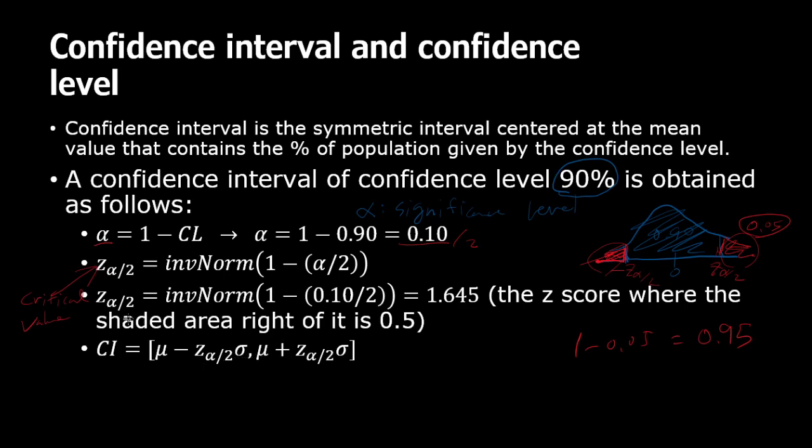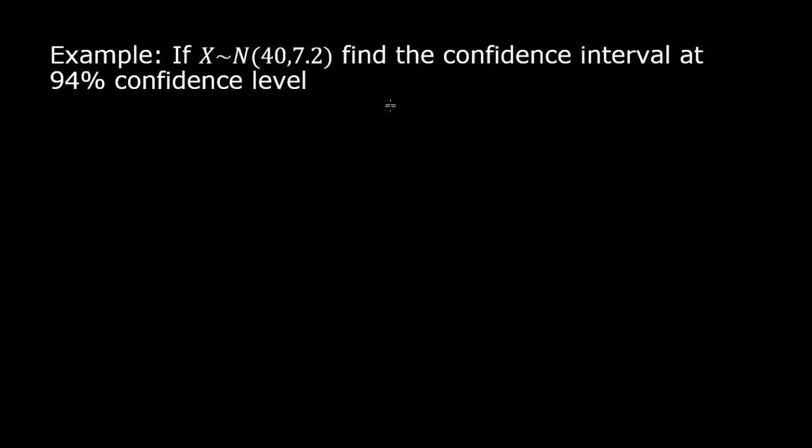Okay, I guess if we do just one more following these steps, you will probably understand better what to do. Okay, so here's what we want to do. Suppose x follows the normal distribution with mean value 40 and standard deviation 7.2. And the question is, find the confidence interval at 94% confidence level.